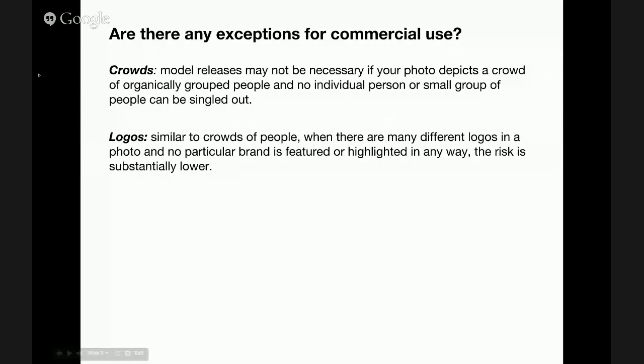Yeah, the other exception is logos, and it's kind of the same idea. It's the same way as with people: if you've got multiple logos, a group of logos, and there's no particular logo that stands out more than the others, it's not the feature or the main focus of the image.